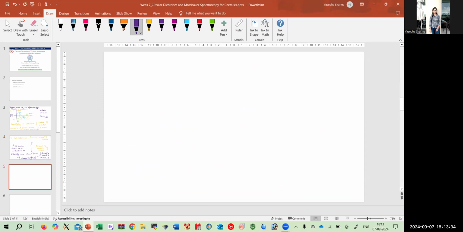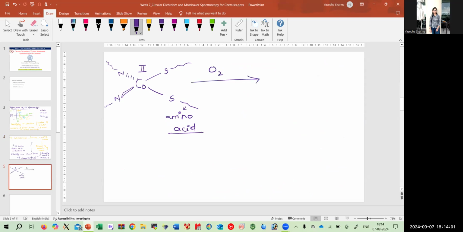What really happens is we have a cobalt center in the +2 oxidation state. We have a thiolate connected to amino acids, and here we also have nitrogens connected to amino acids. Now, when you are treating with oxygen, this thiolate group would first get oxidized.